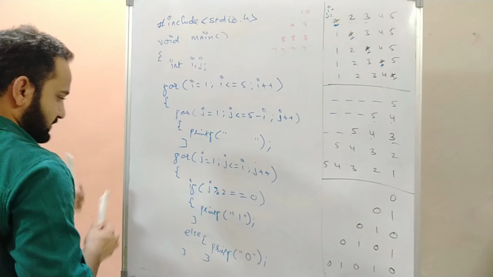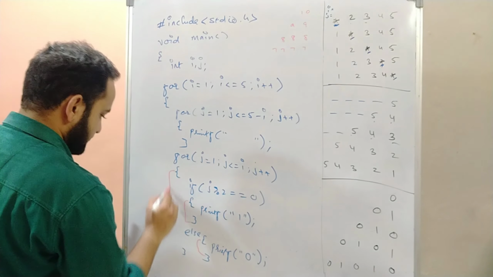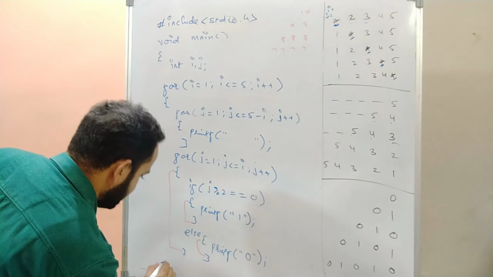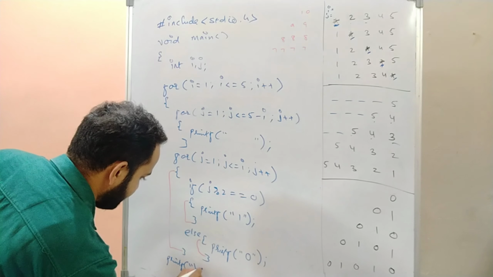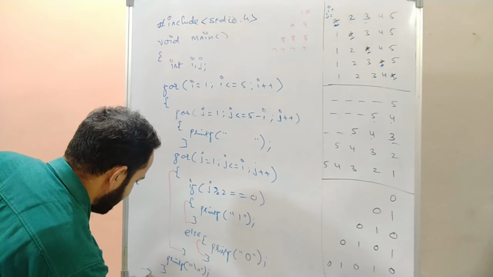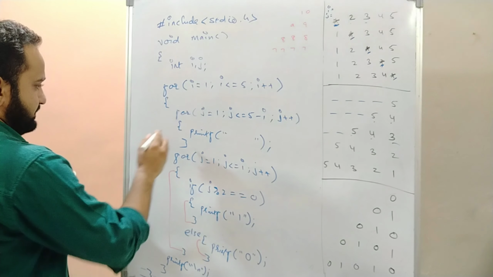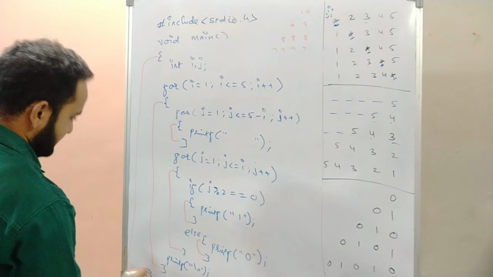And this is my inner for loop. And before closing my outer for loop, I need to leave one line, printf backslash n, then my outer for loop close, my main method close. So that's my outer for loop and that's my main method.